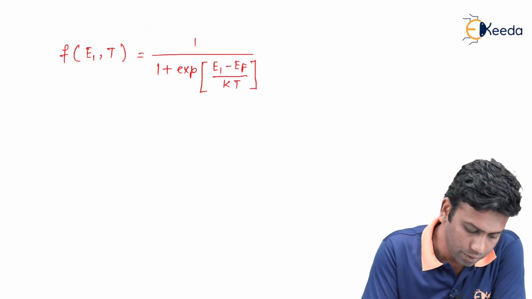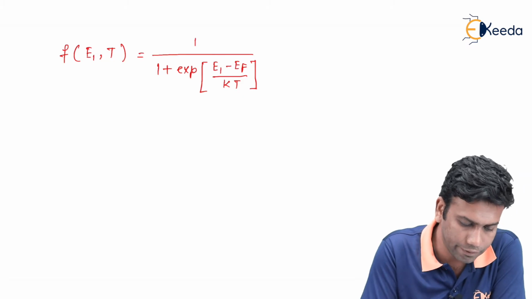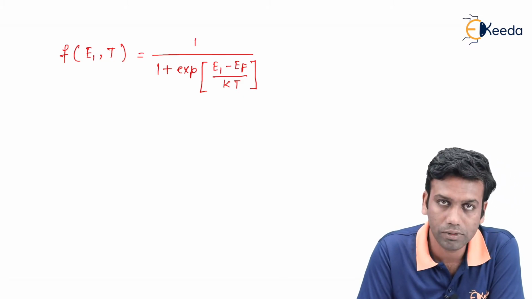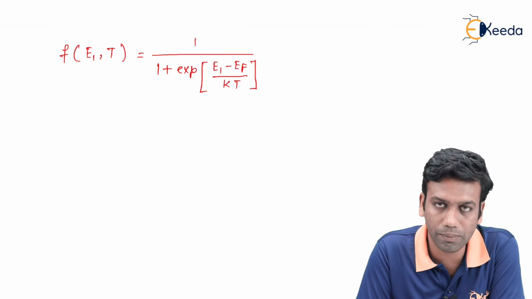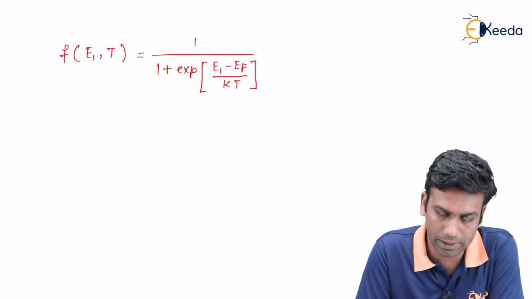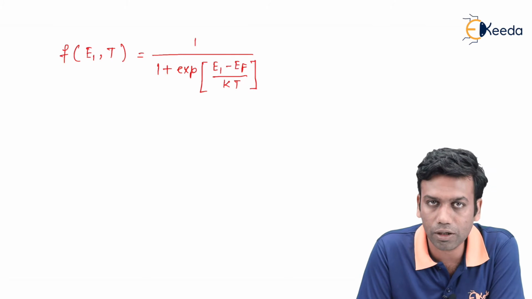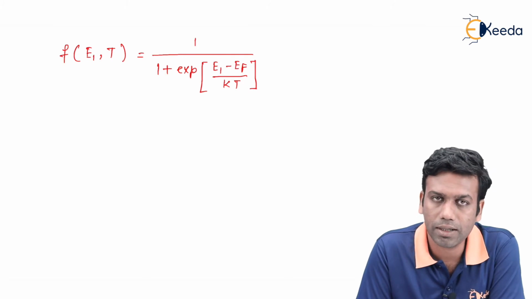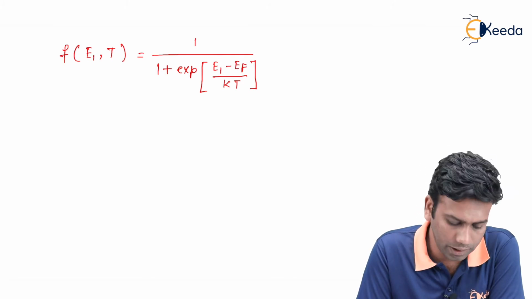So, from this equation we can find the probability of getting an electron at any energy state E in the conduction band at some temperature capital T.